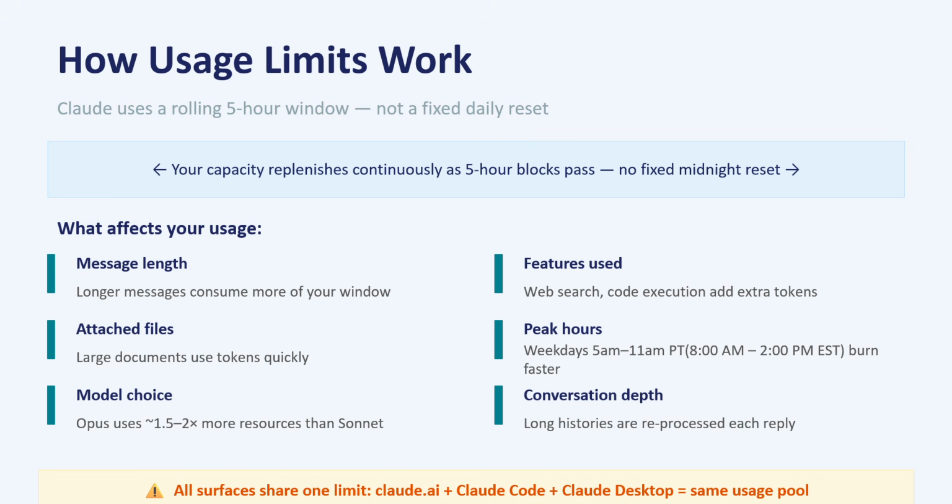And features that are used for web search, code execution, or extra tokens, all those things can be utilized more when we are doing such activities. Especially, there is something called a peak hour, which means on the weekdays, 5 a.m. to 11 a.m. PT or 8 a.m. to 2 p.m. EST, that burns faster.